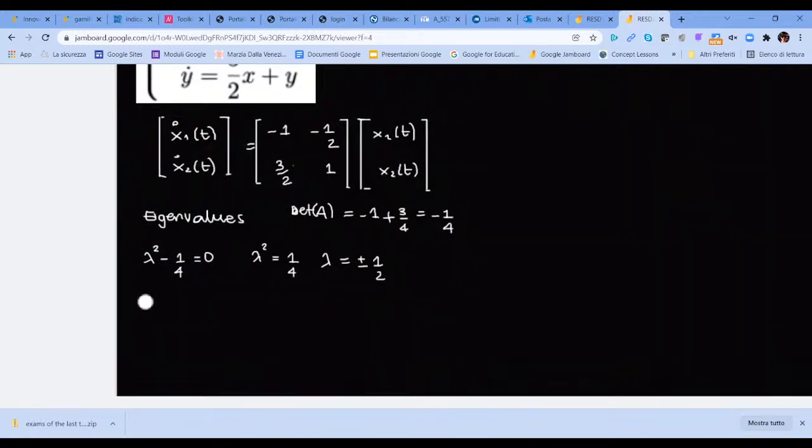Then we try to find the eigenvectors. That means we have to solve A minus lambda identity in the first one, and then we should find some vectors.